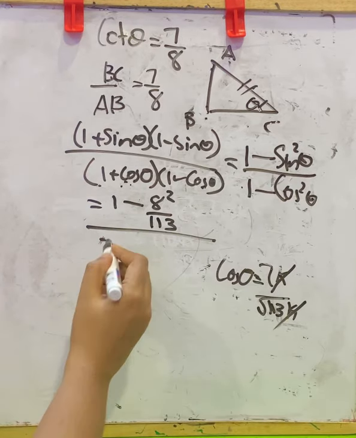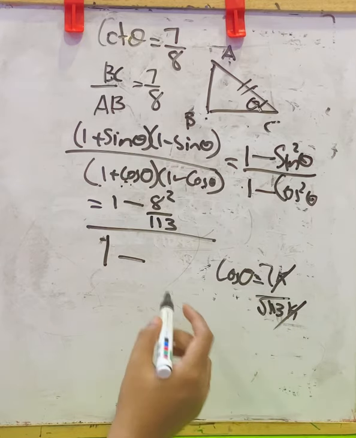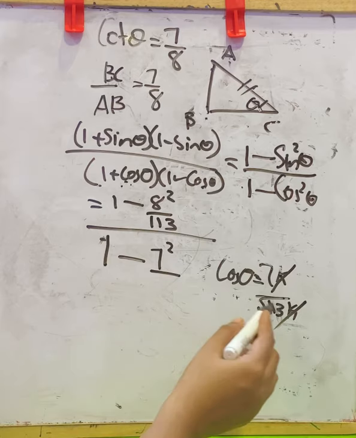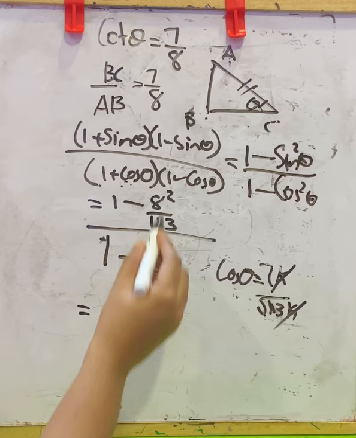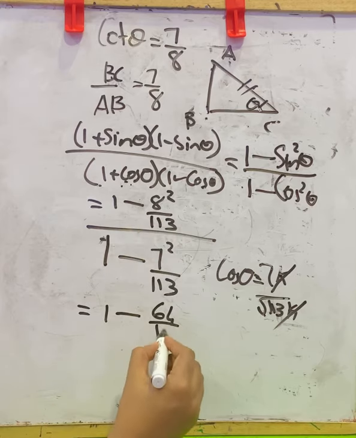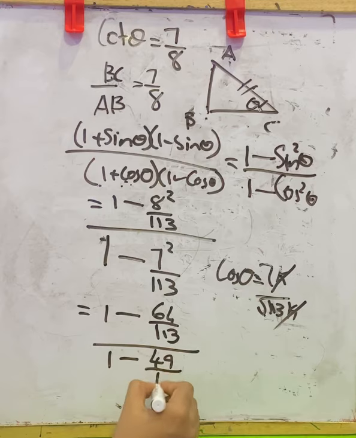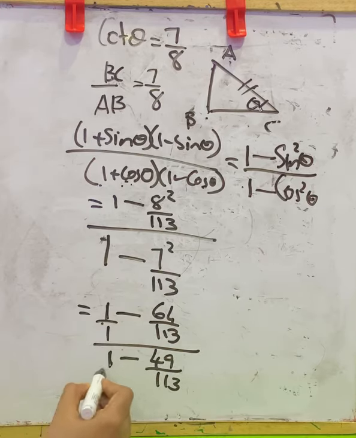We will write it here. 1 minus cos theta is 7 by root 113. So its square becomes 7 square by root of 113 square, is 113. Now this is 1 minus 64 by 113, by 1 minus 49 by 113. Here actually 1 means 1 by 1. Here also 1 means 1 by 1.